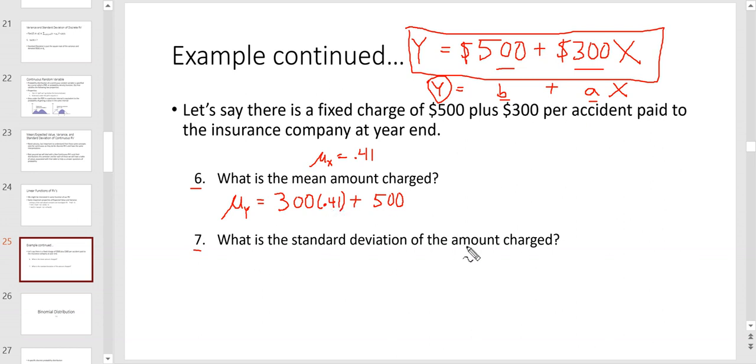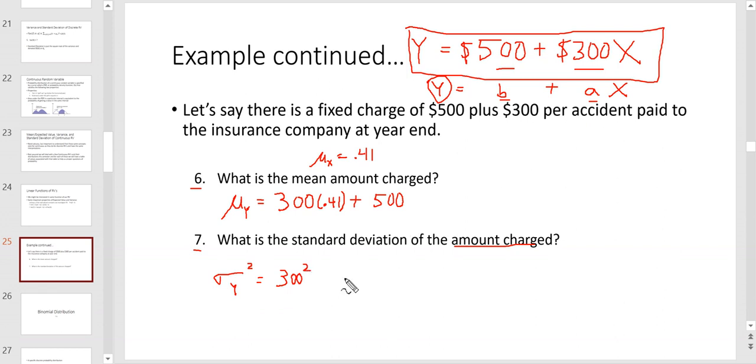What is the standard deviation of the amount charged? So let's get the variance first, and then we'll take the square root. So that's y. This could be a huge pain, except we use the previous results we had, and we know that this is going to be a squared times the variance of x. Perfect. So a is 300, so 300 squared.